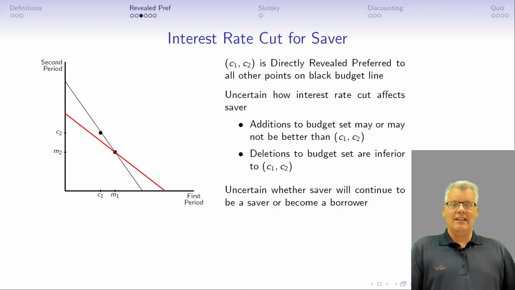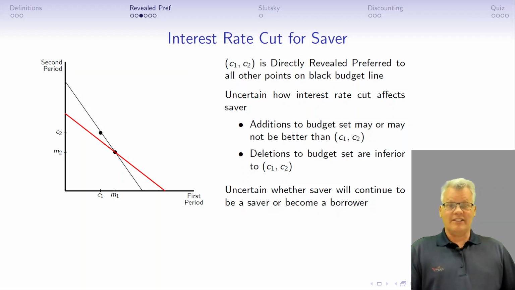And the reason is that C1, C2 is no longer affordable under the red budget line, right? So we get this pivoting of the budget line again. C1, C2 is now no longer part of the budget set, but the consumer has new combinations of C1, C2 they could afford now that they couldn't under the original black budget set, right?